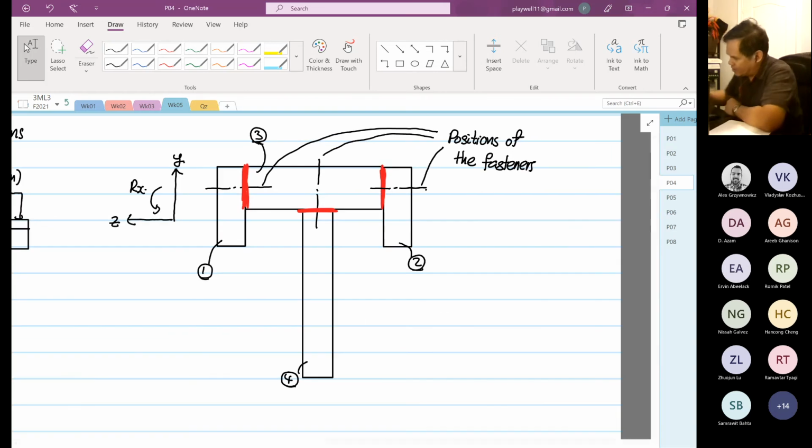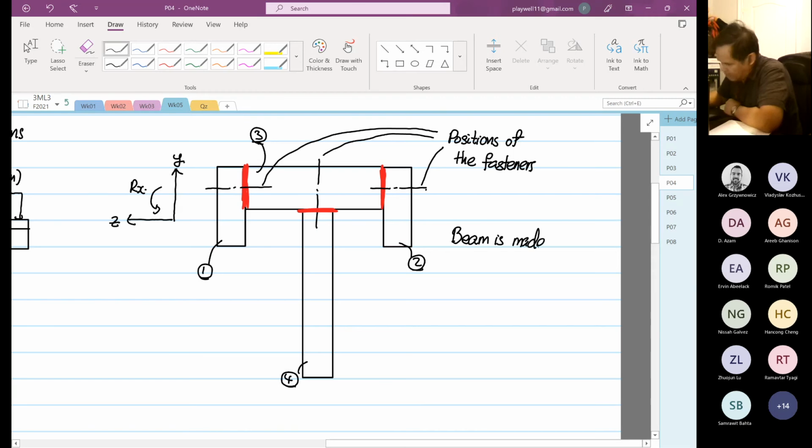Okay, so to elaborate on this, this beam is made of 4 members, right?